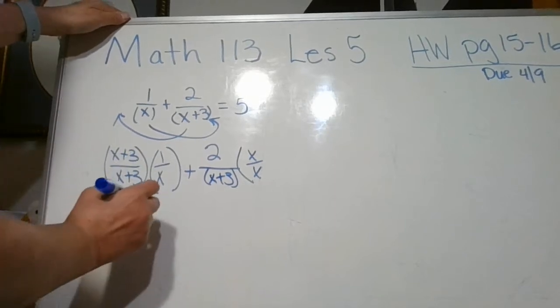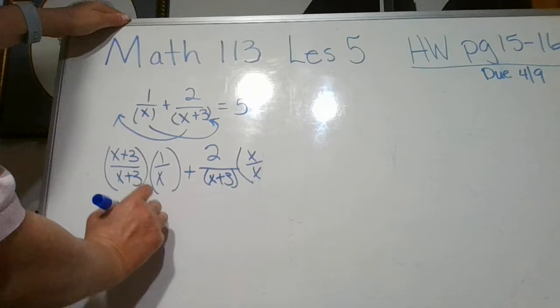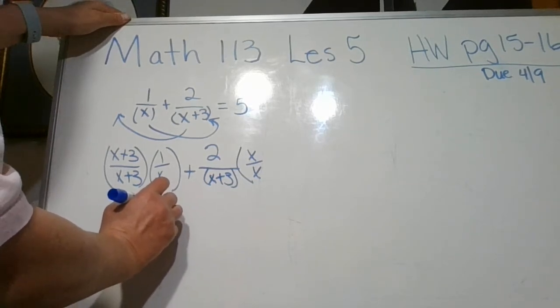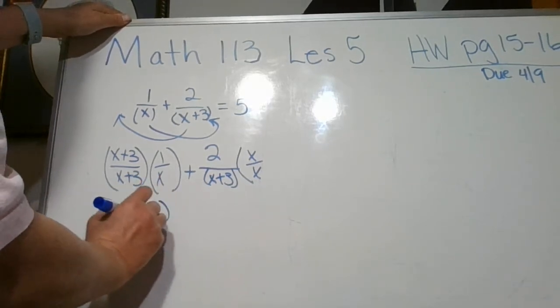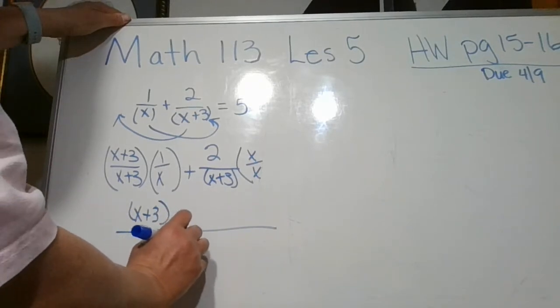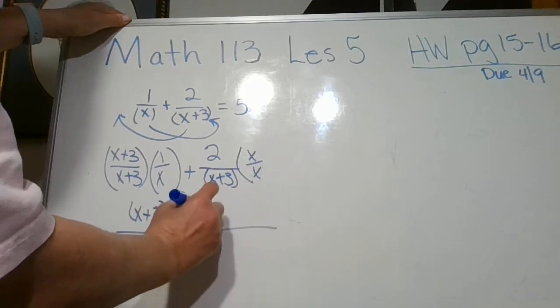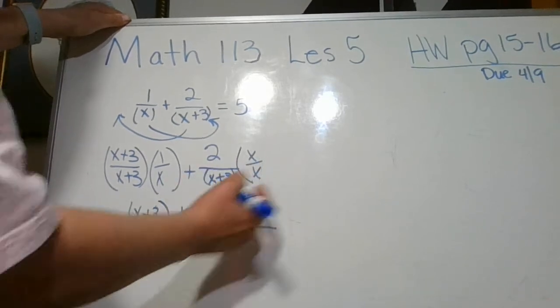Multiplying those, I'm going to have x plus 3 over x times x plus 3. And over here, I'm going to have plus 2x over the same thing here.